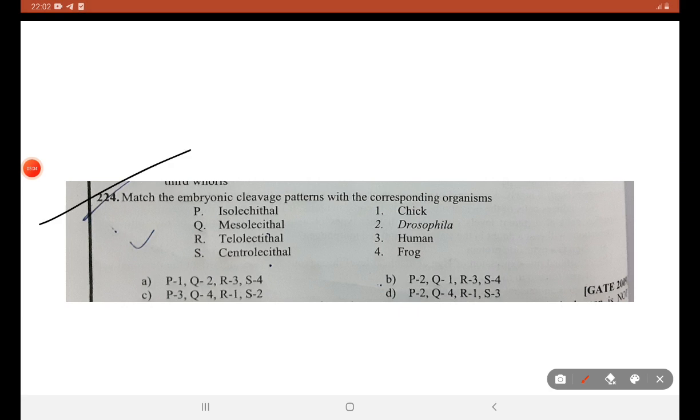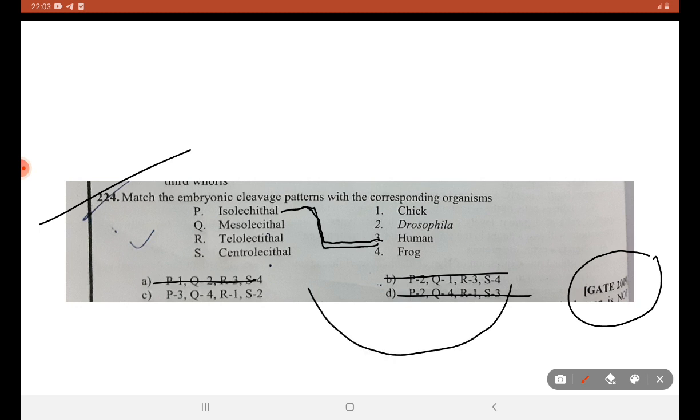Next question from GATE 2009. Match the embryonic cleavage pattern with the corresponding organism. Sorry, isolecithal is human. Centrolecithal is insects, that is Drosophila.